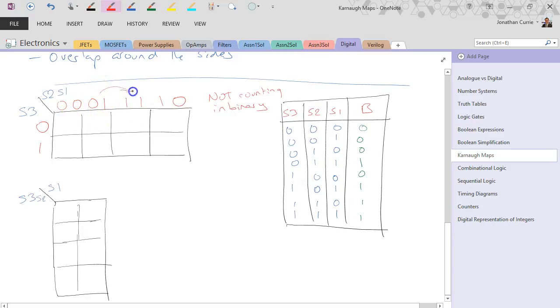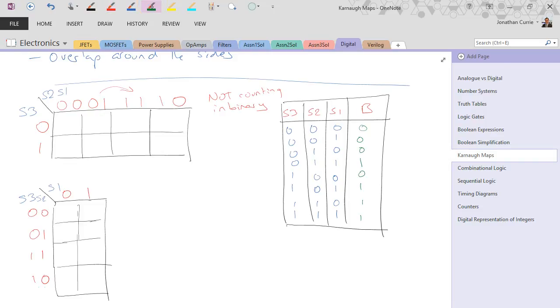So from here to here, I can't jump from binary 1 to binary 2 because both the first and second bits would have changed. So we actually go to 3 and then 2 if we were reading it in binary. The same thing would have happened here, and 0, 1 there. Very important you remember that when you're drawing a K-map, otherwise it will not work for you.